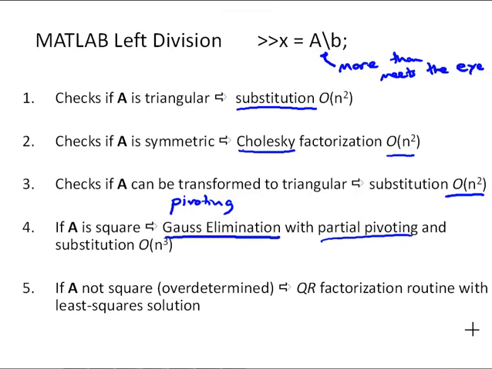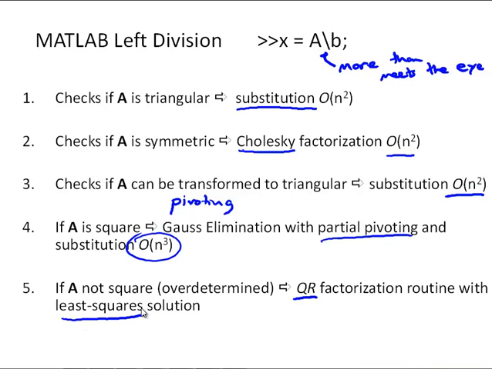And like we saw before, that's going to be order n cubed. If A is not square, if it's an overdetermined matrix, left division actually implements a QR factorization, which is a least squares solution.